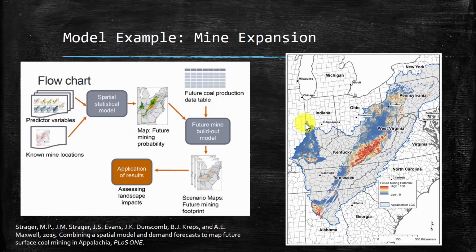We can also use machine learning to try to predict into the future. So here is an output from a machine learning prediction in which we were trying to predict the likelihood that an area would be mined, or specifically surface mined, in the future. So this blue grid extent here represents the Mid-Atlantic region.